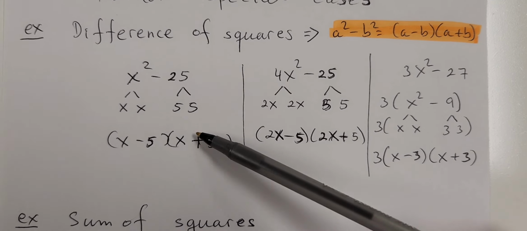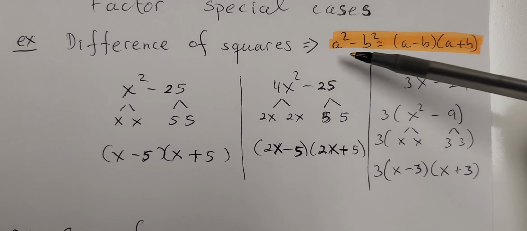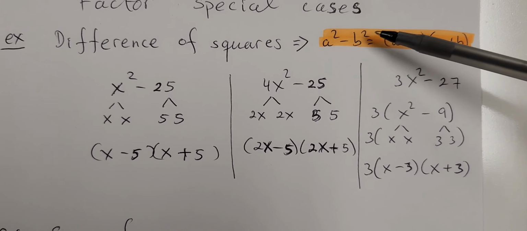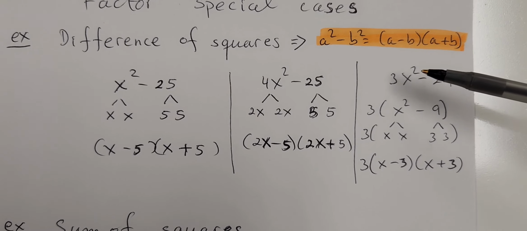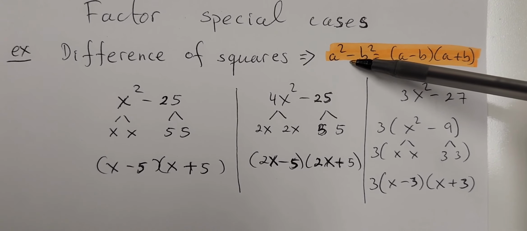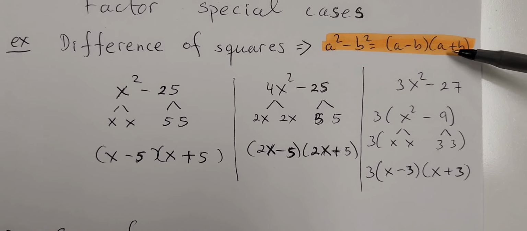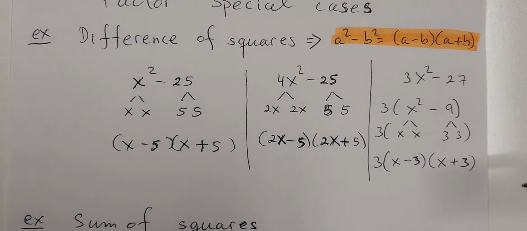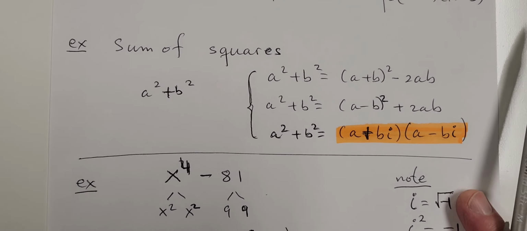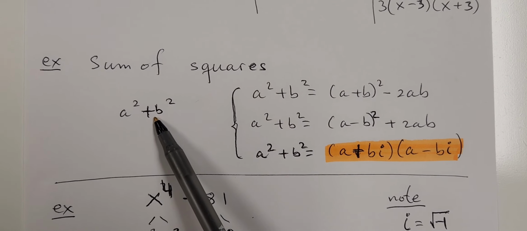Okay, so 3 examples of difference of squares, which is a squared minus b squared. And be very careful, this only works if I have a minus in the middle. So I can rewrite it as a minus b, a plus b. Next, I have something very similar, but instead of difference, we have sum of squares.